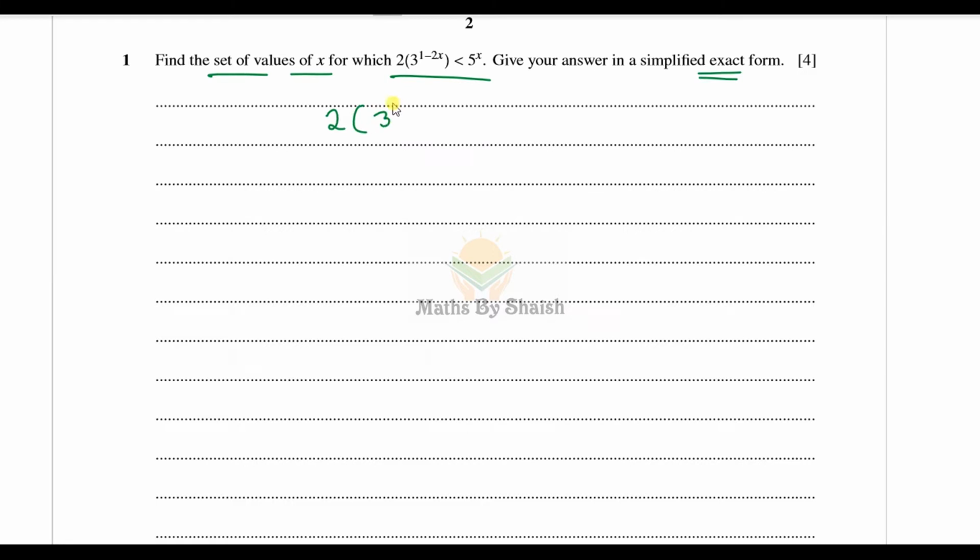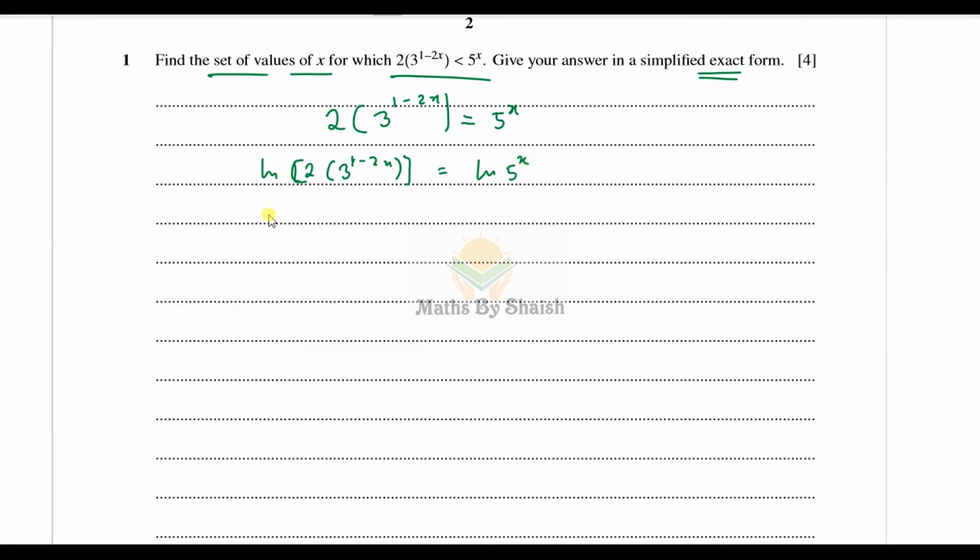So 3 raised to the power 1 minus 2x is equal to 5 raised to the power x. We can see there are powers, so we'll use the log. Taking log on both sides, base e, so it is ln of 2 times 3 raised to the power 1 minus 2x is equal to ln 5 raised to the power x.